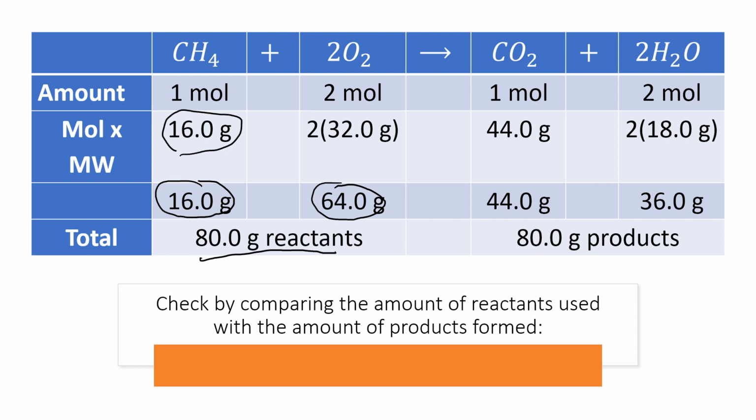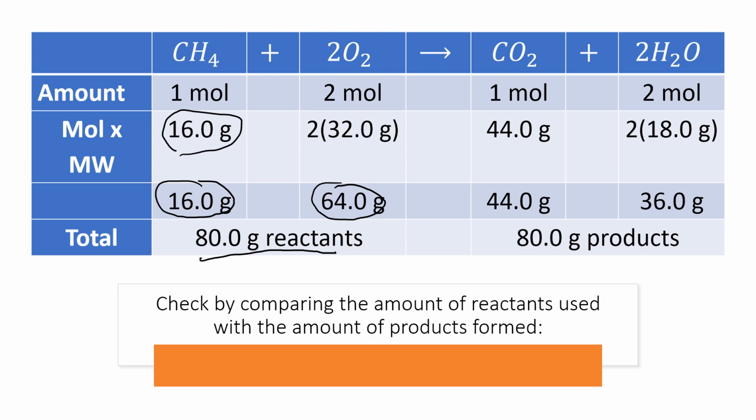Sa ating product naman, we have 1 mole, pero ang carbon dioxide natin is 44 grams per mole. So we have our mass of CO2 in our product is 44 grams. So, water naman, 2 moles, 18 grams ang molecular weight times 2 natin, 36.